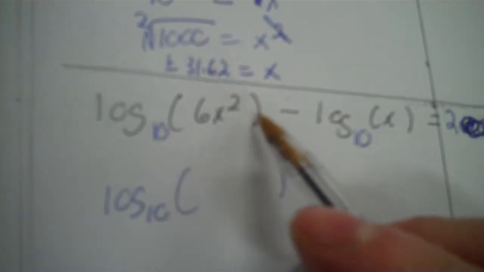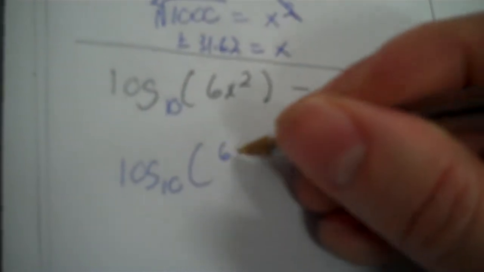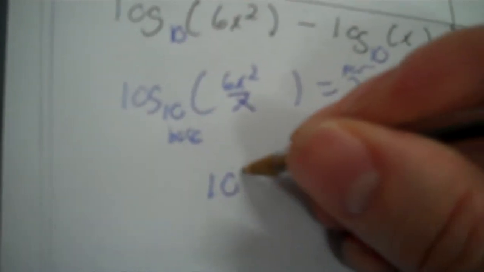Okay, next problem. Log base 10 of 6x squared minus log base 10 of x equals 2. First off, you got to condense it down to a single logarithm. So you're going to have 6x squared, minus would mean divided by x. Okay, so let's get it out of log form. This is the base and this is the power. So on this side of the equation, we're going to write 10 to the second power. Now simplify that. You know, x squared divided by x is x, and then the 6 would just remain.